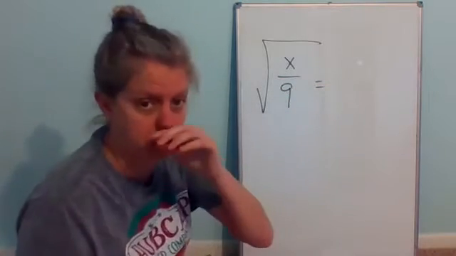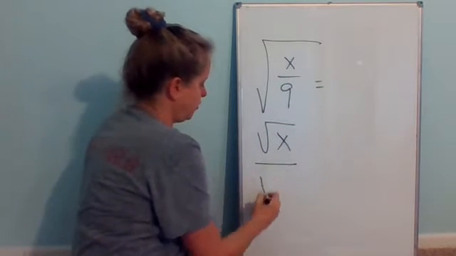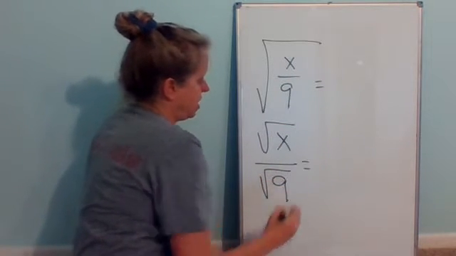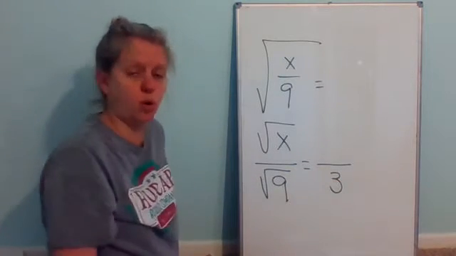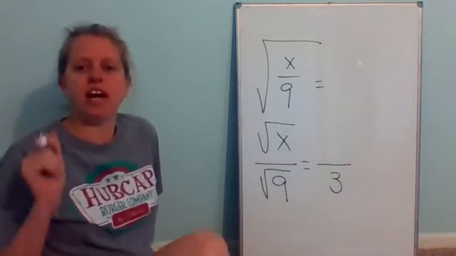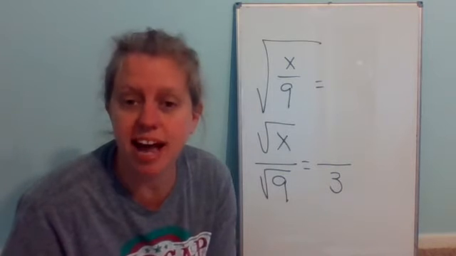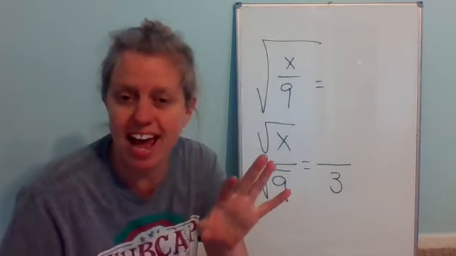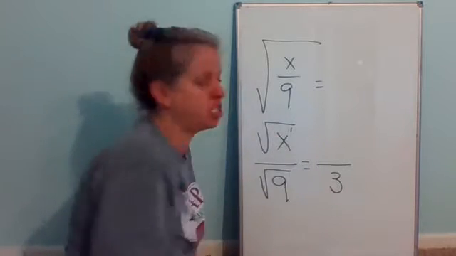Let's do it again. On number 3, separate them. Square root of x over the square root of 9. Let's see again. I can do the bottom. The square root of 9 is 3. Look at the top. Remember what we talked about at the very end of 10.2. How do you take the square root of an x with an exponent? I don't see the exponent, which means it's a 1.